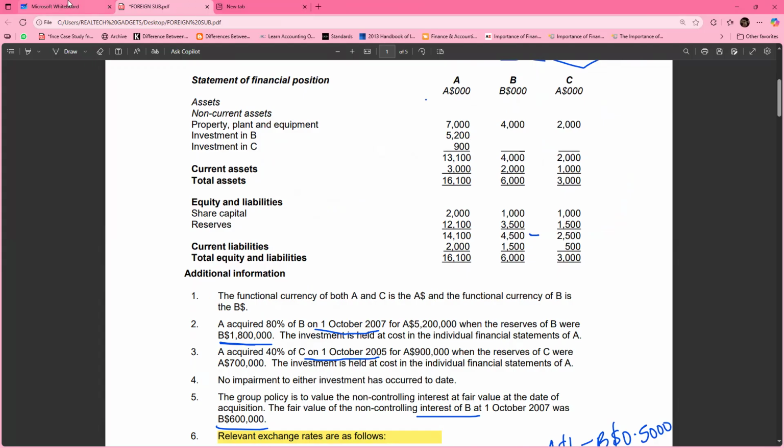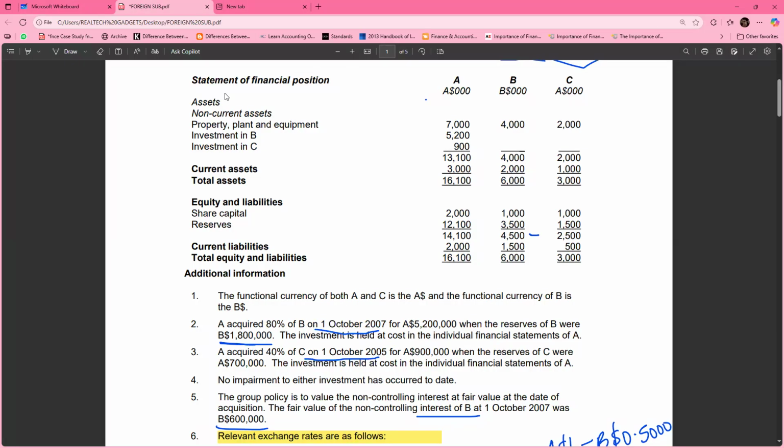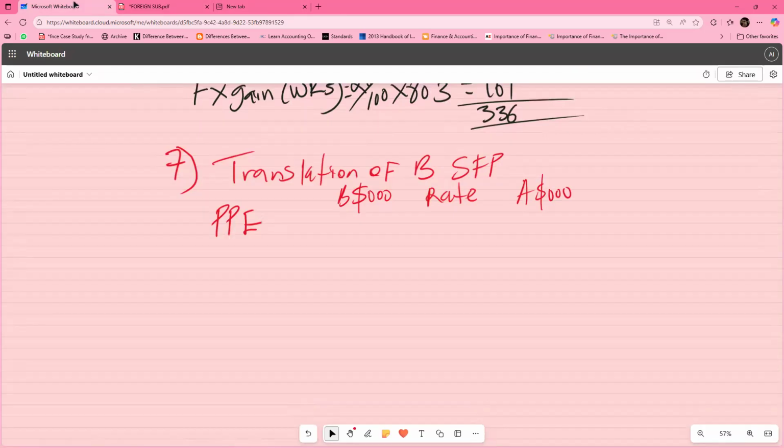We have the property, plant and equipment, which is in B dollar. The cost in the subsidiary is 4,000.